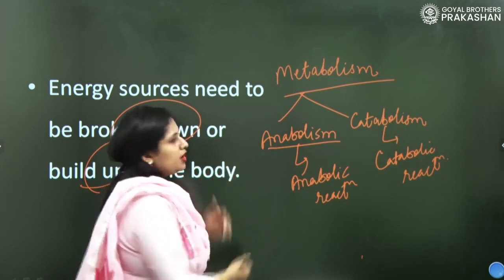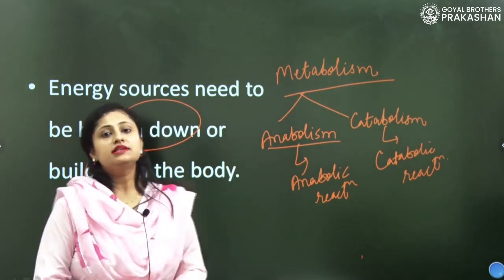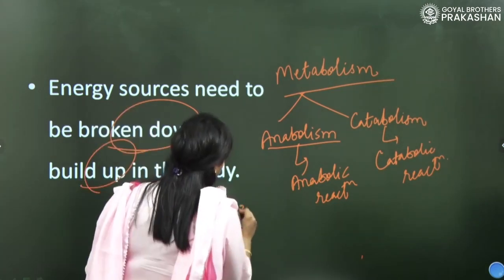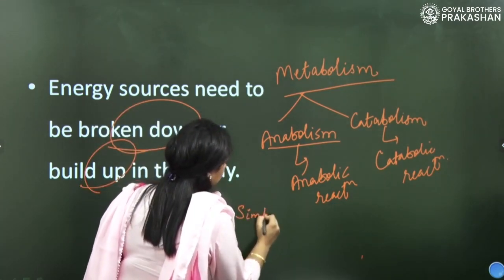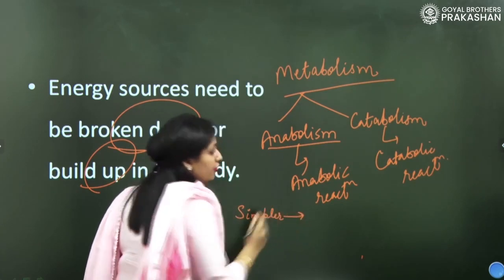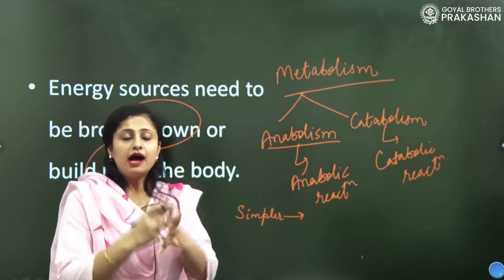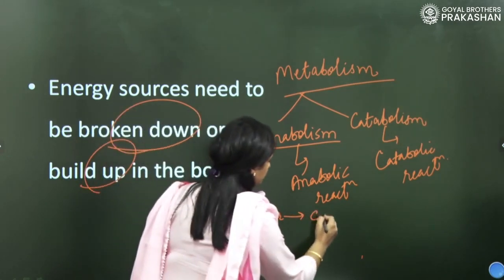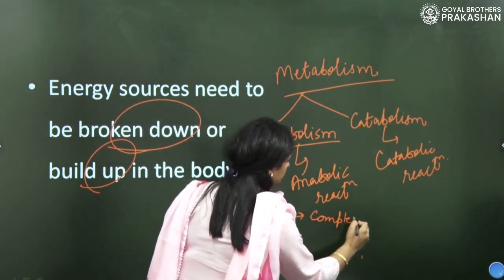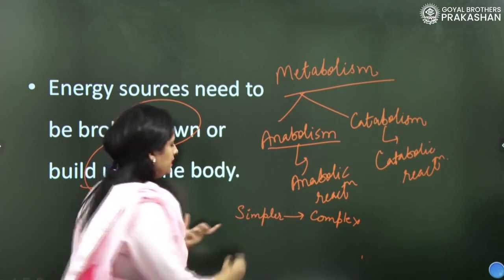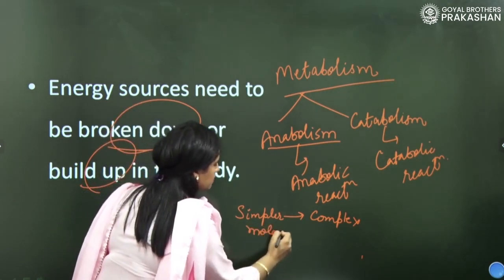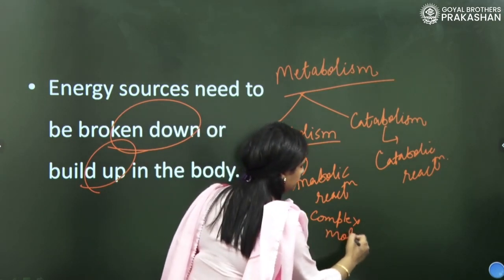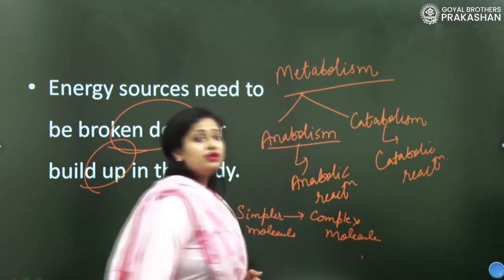Anabolism is a type of reaction or metabolism in which simpler food molecules combine to form a complex molecule. Can we have an example?